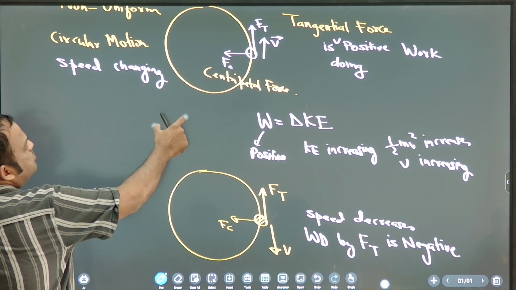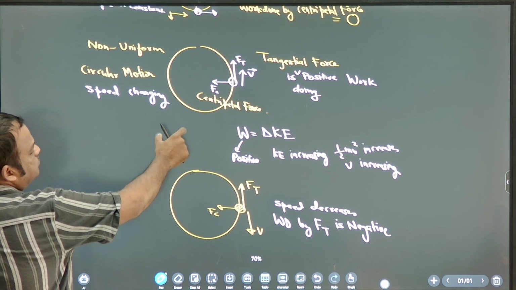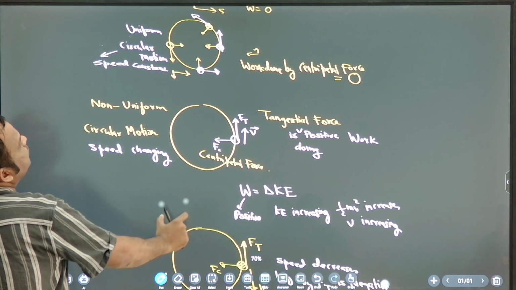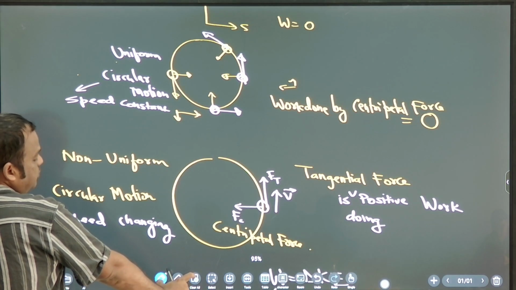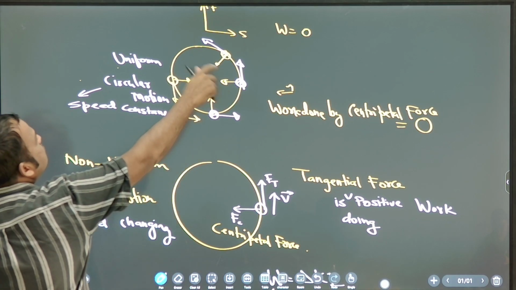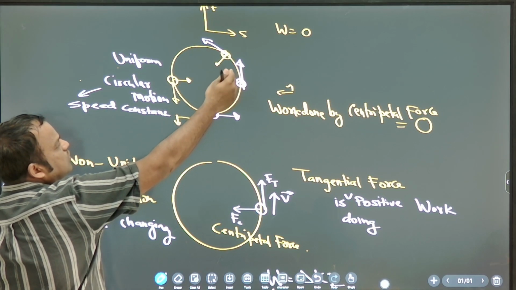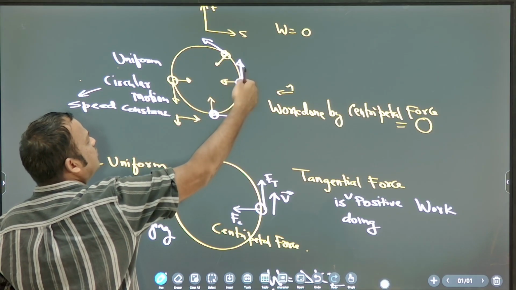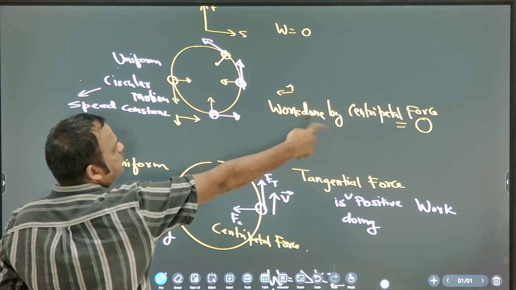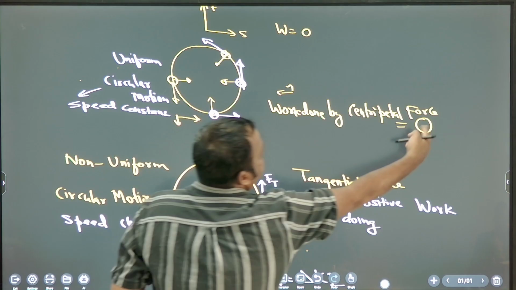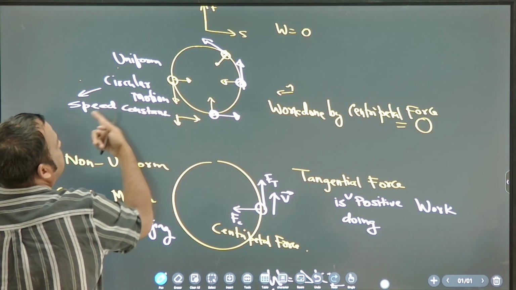So three types of circular motion we have seen. In uniform circular motion, only one force is there, that is centripetal force. Velocity is perpendicular, so work done by centripetal force is 0. Speed is constant.